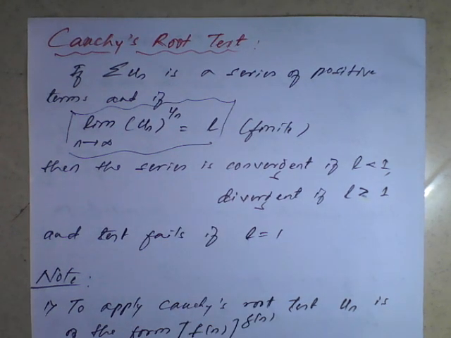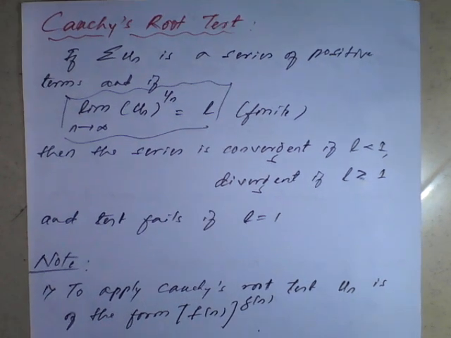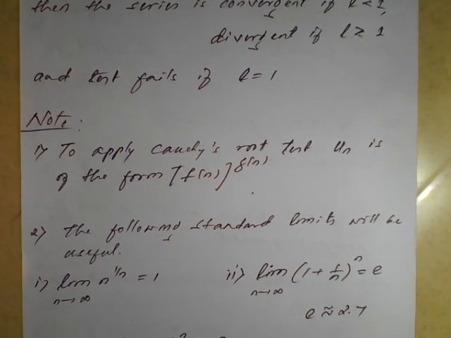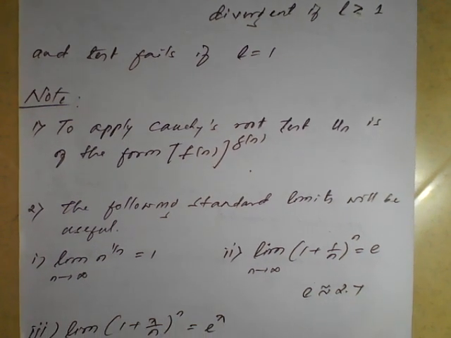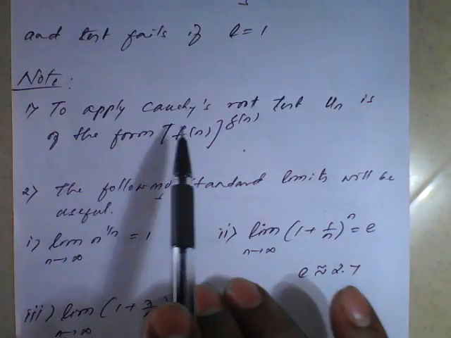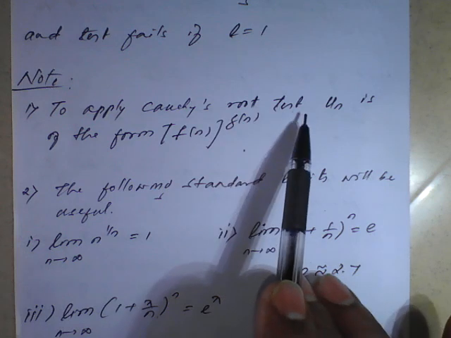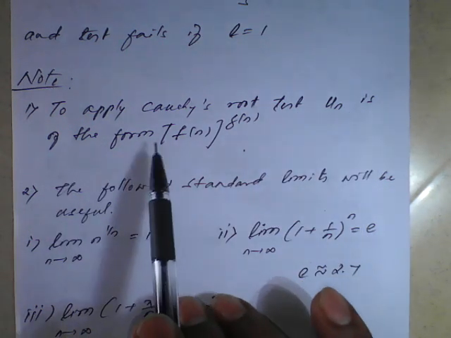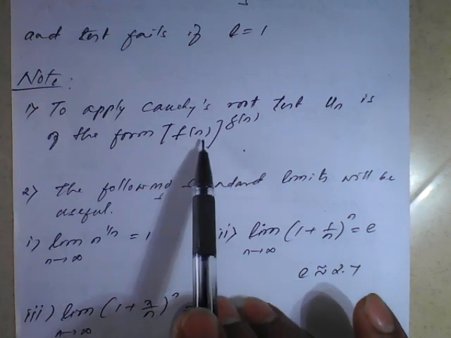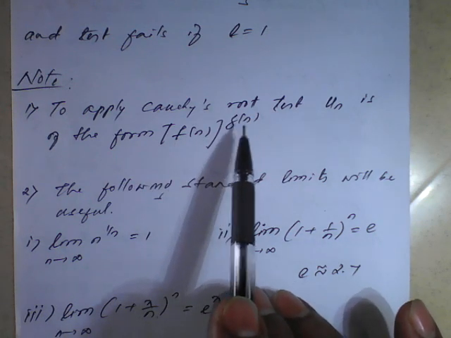Now we have some important notes to simplify the examples based on Cauchy's root test. Note number 1: to apply Cauchy's root test, un is of the form function raised to function, that is, a function of n raised to another function of n.